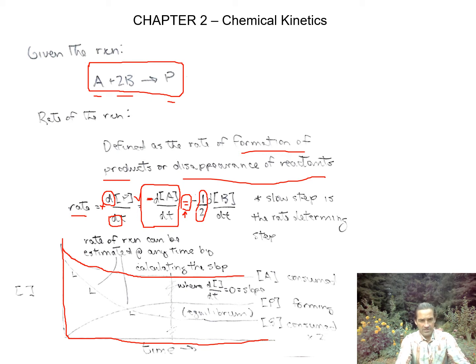And if that's the disappearance of A, then B is going to be consumed twice as fast, right? So it's dipping down twice as fast. So there's my times 2. And then we're getting the formation of P right there.